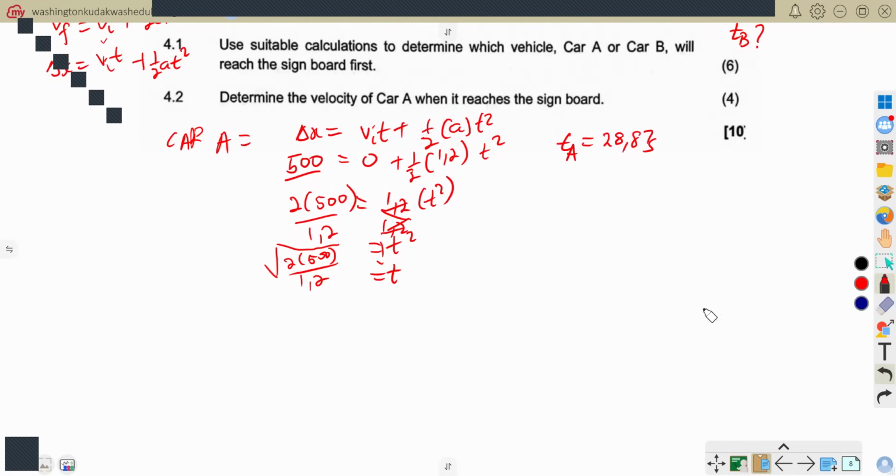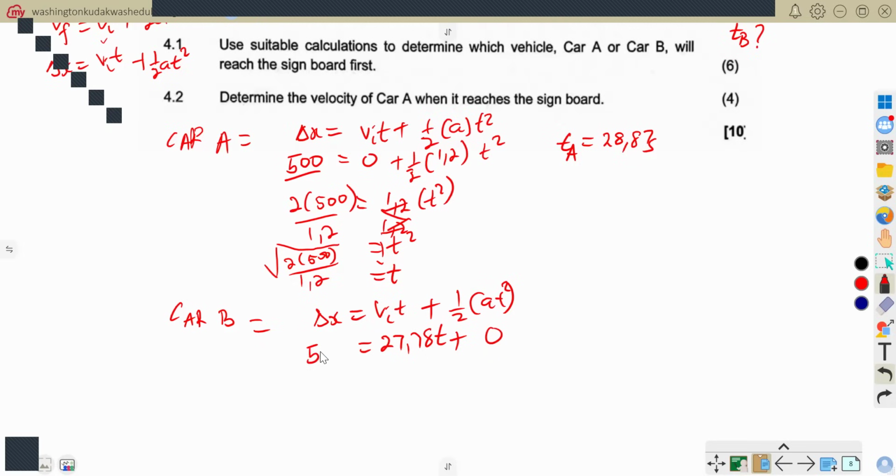So the time taken for car B would be simply equal to, I would say that change in x is equal to v_i t plus half a t squared. Now our initial velocity is 27.78, and our acceleration is 0, so this one is times t.